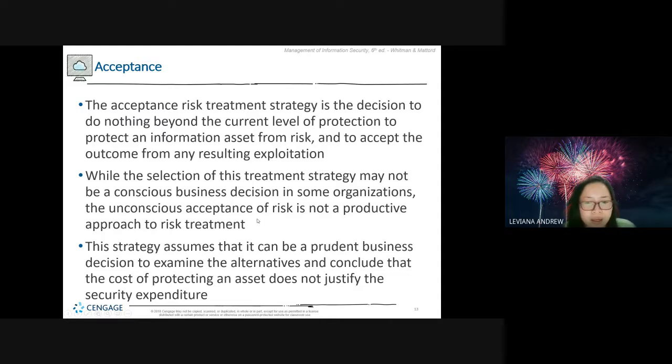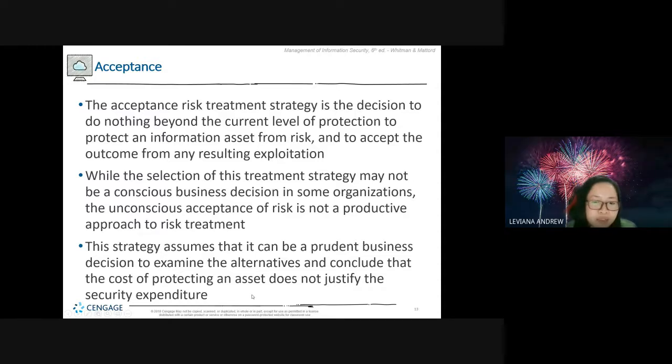However, this strategy can only be taken if the alternatives and the cost of protecting an asset do not justify the security expenditure.